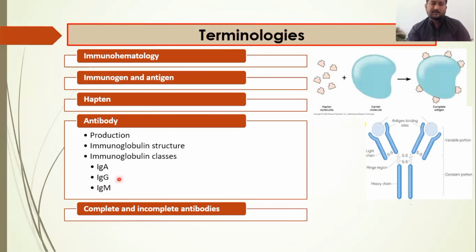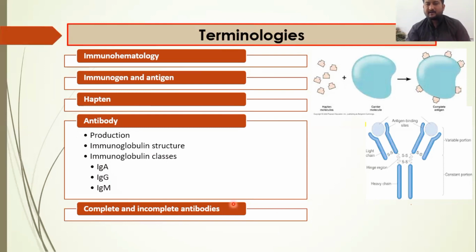So the antibodies are vice versa in blood group A, B, and AB, as compared to blood group O. These are IgM in nature and called the natural or complete antibodies. The IgM antibodies are called complete antibodies, and these complete antibodies are present in blood group A, B, and AB.